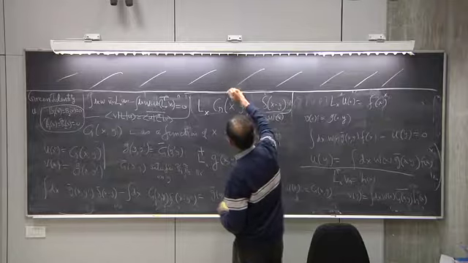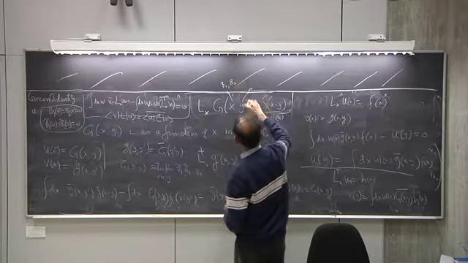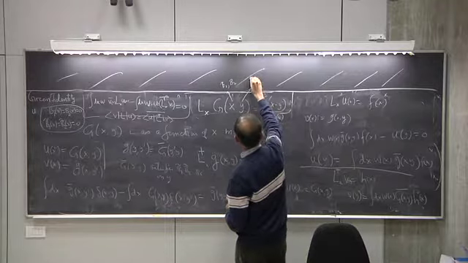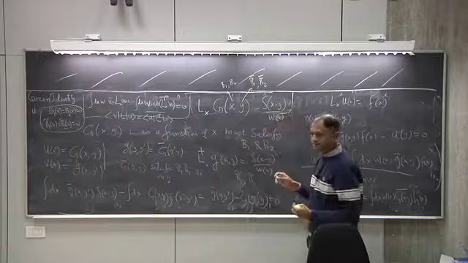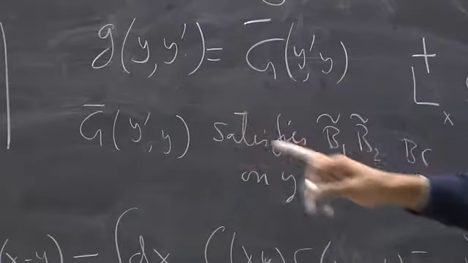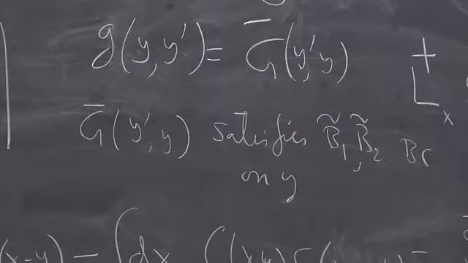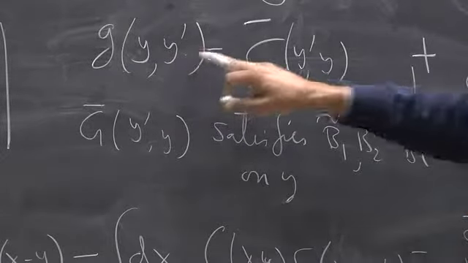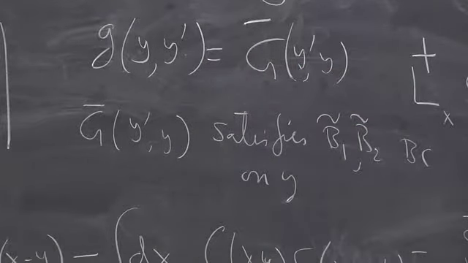As an argument of this, it satisfies b1, b2 conditions; as an argument of that, it satisfies b1 tilde bar and b2 tilde bar conditions. And the same way here, the little g as a function of y satisfies b1 tilde, b2 tilde, but as a function of y prime, the first argument here, it will satisfy b1 bar and b2 bar conditions.